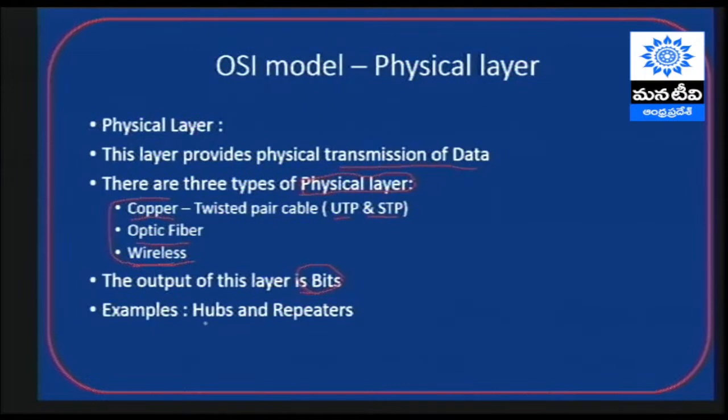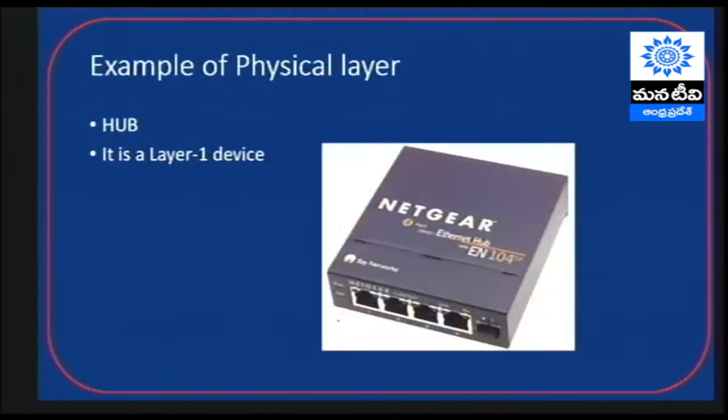Examples of the hardware devices used at this layer are hubs and repeaters. We can see an example of a hub here. There are 4 ports available, so 4 different computers can be connected to this hub. But a hub is not an intelligent device and is widely not used by organizations, because it broadcasts every communication.